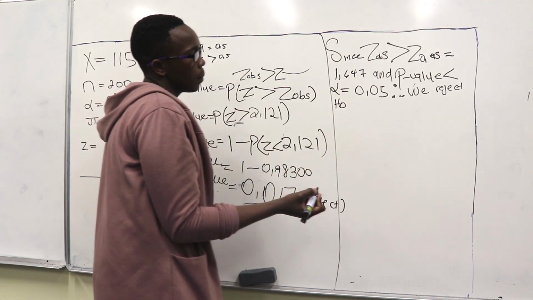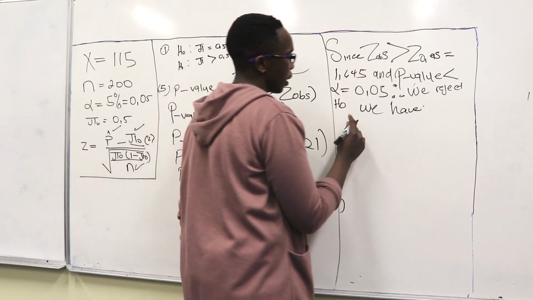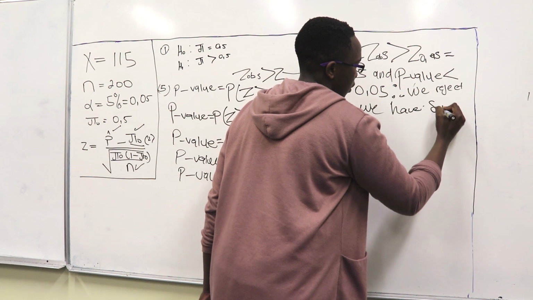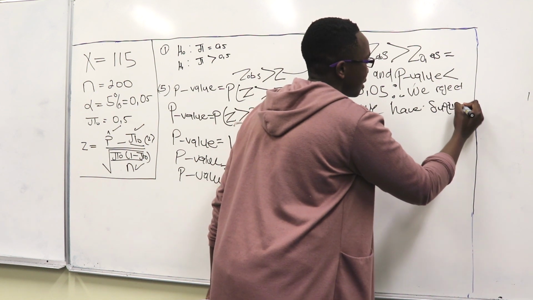Right? When we reject, it means we have sufficient evidence to reject. And just on that value, it's actually 1.645. Okay, we have sufficient evidence.